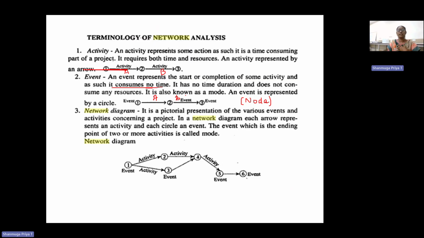In a network diagram, each arrow represents an activity and each circle represents an event. So this is activity, this is event. The event which is the ending point of two or more activities is called a node. So this entire thing is represented by the network diagram.